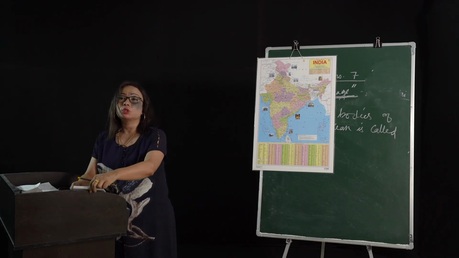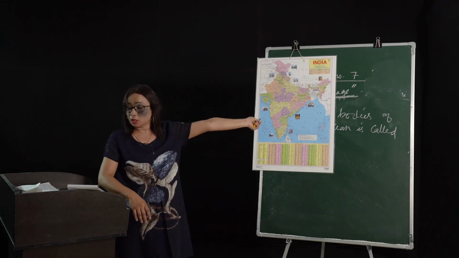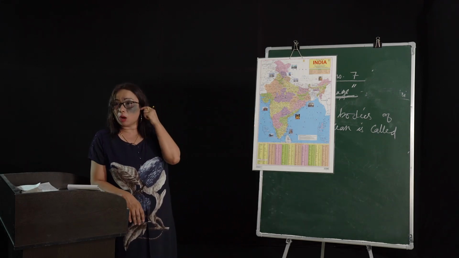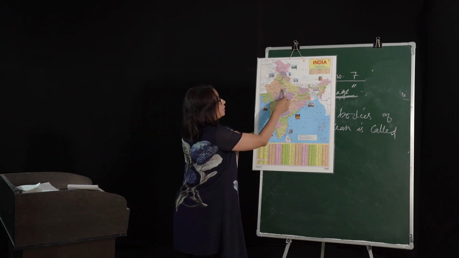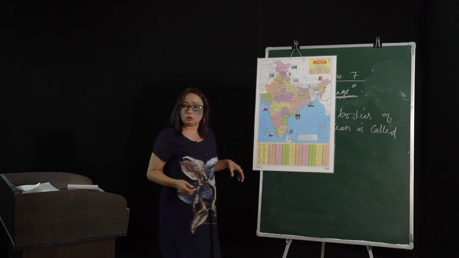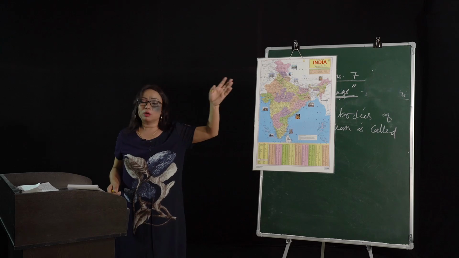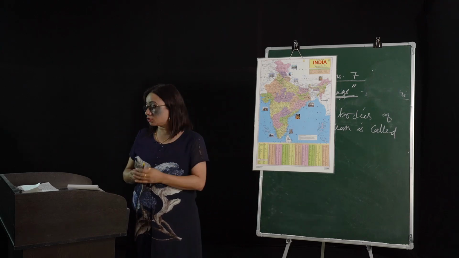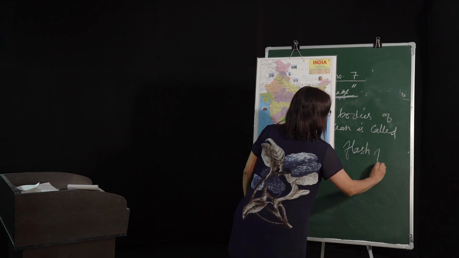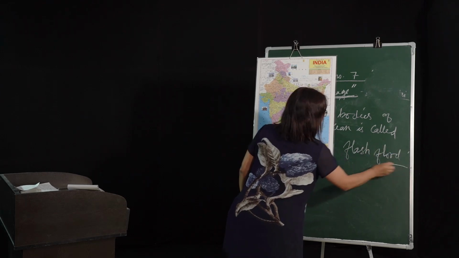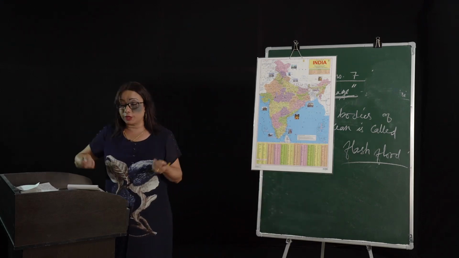Now how are these saltwater lakes benefited? These saltwater lakes are mostly found in arid or less rainfall areas. So how do they get water? They benefit when rain comes and there is a flash flood. Flash flood means the sudden increase in the volume of water because of heavy rainfall.